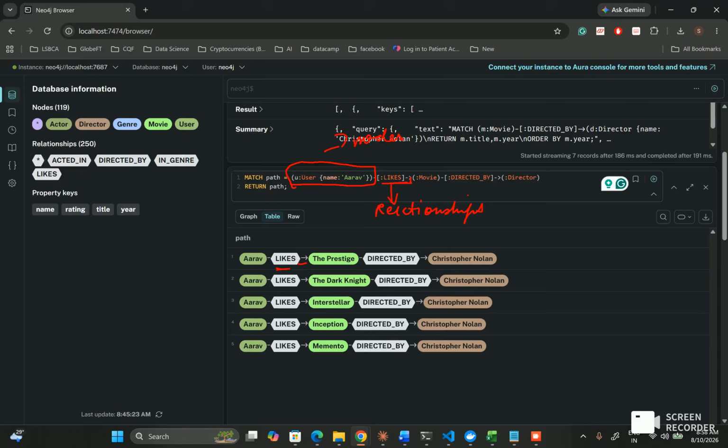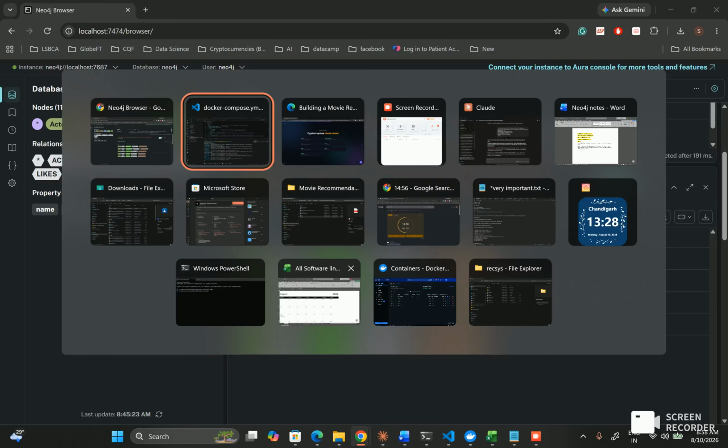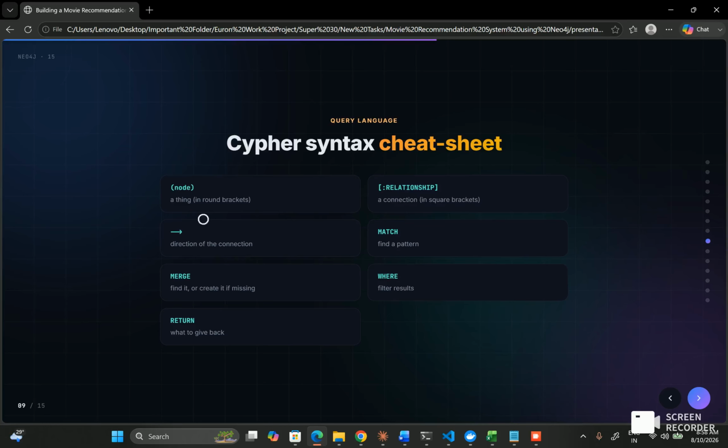These are like connecting lines. So what I want to tell you is that a thing in round brackets is a node, and in square brackets is a relationship. Arrows are the direction. And the rest of it, I'll let you know how it comes.